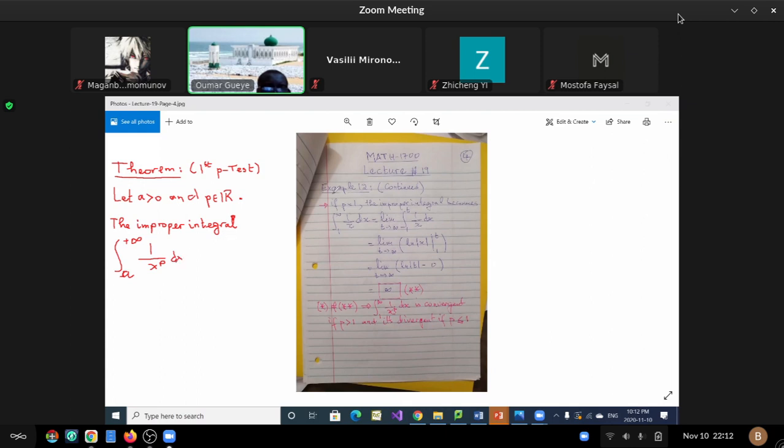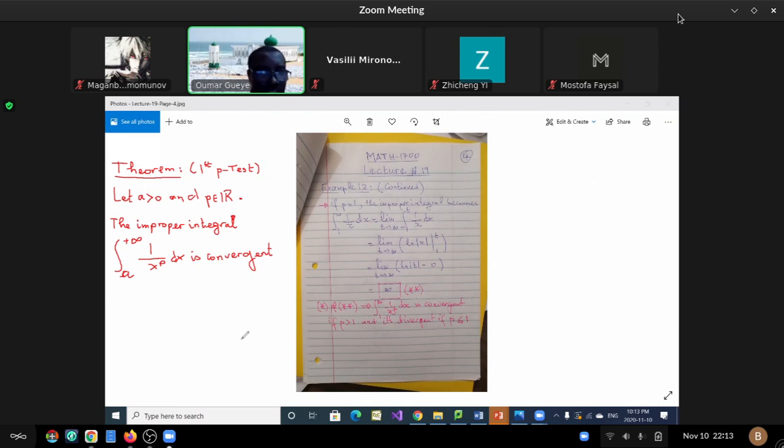You guys can see it's exactly the same integral that we proved here, except instead of a, we have a equal to 1. And we just extend for all a. As soon as a is positive, the result is that this integral is convergent.